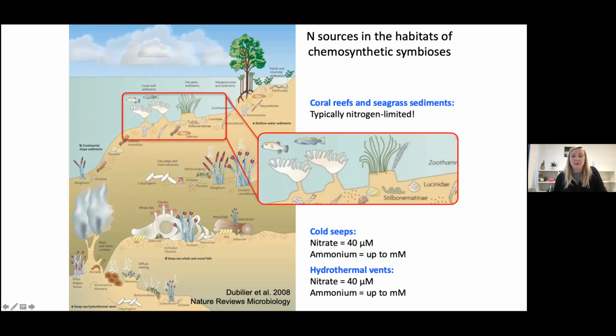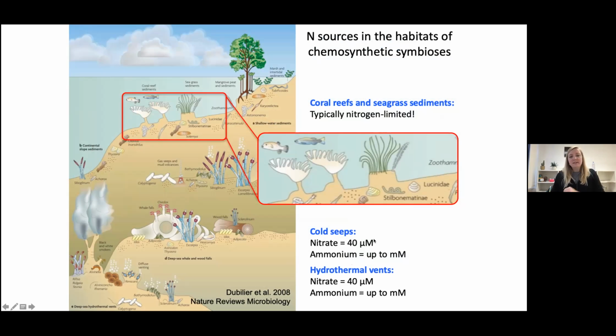But as you go deeper, waters are not typically nitrogen limited. So there's no phototrophic primary production, and so inorganic nitrogen doesn't get used up quite as much as in shallow waters. That's a terrible generalization, but it's more or less a pattern that's commonly seen in the oceans.